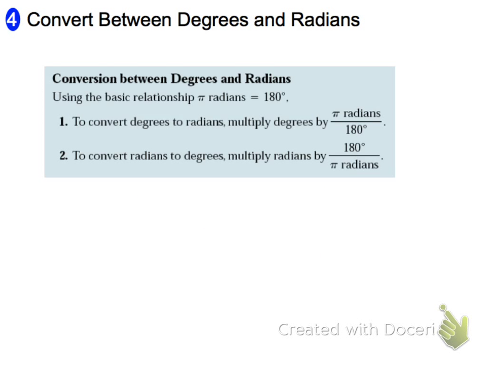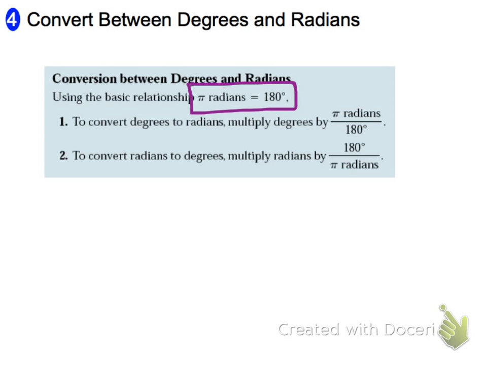Okay, back to that last objective for today, objective 4, converting between degrees and radians. A few minutes ago, we reviewed the fact that pi radians is 180 degrees. Those are the same thing. Remember, 2 pi will be a total of 360.